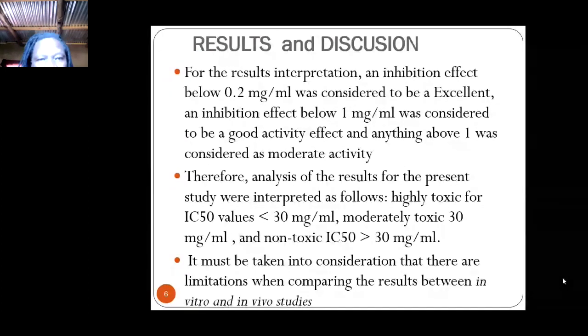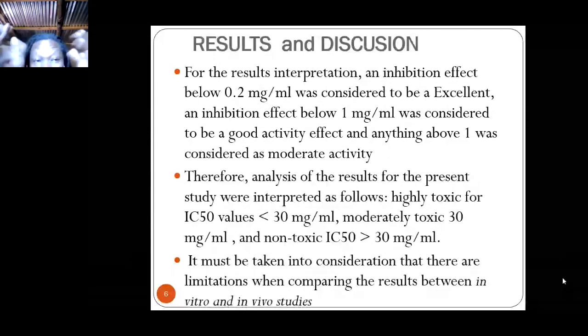For the result interpretation, 0.2 was considered excellent and good activity, and anything above 1 was considered moderate. For the analysis of toxicity, a value of 30 is considered moderate, and below 30 is considered non-toxic.